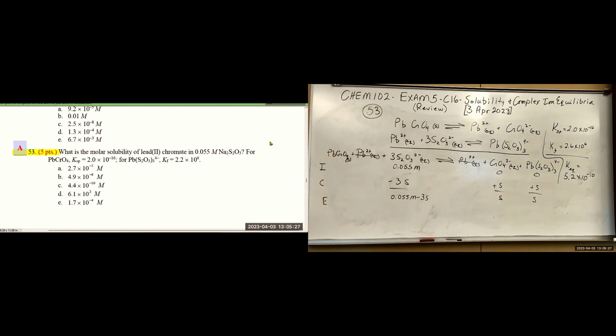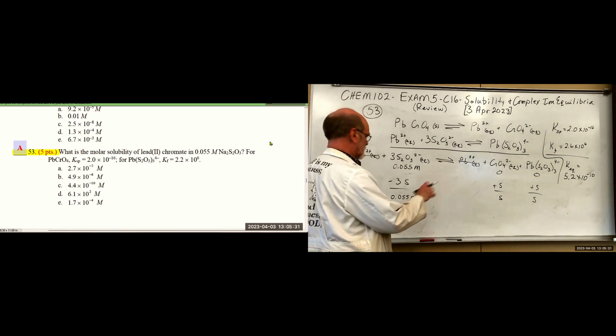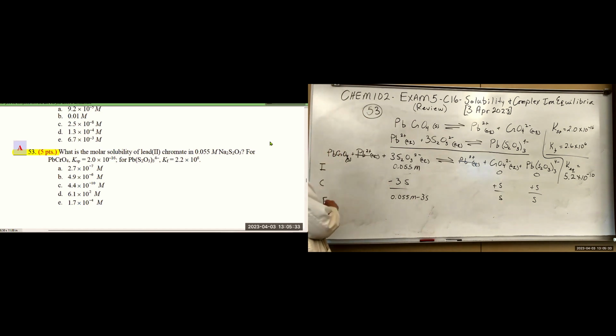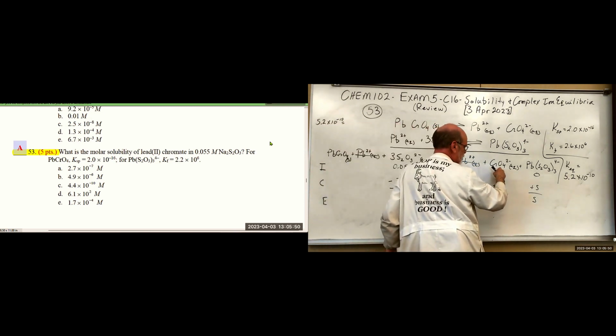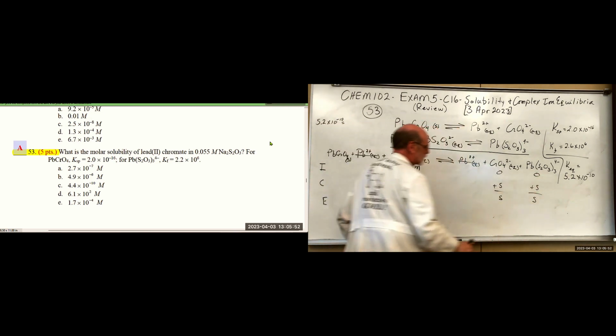So now we need to set up our Keq. So let me see. I'm going to start it up here, and I'll probably have to erase some to get to the bottom. So the Keq is 5.2 times 10 to the minus 10 is equal to what? This one to the 1st power times that one to the 1st power.